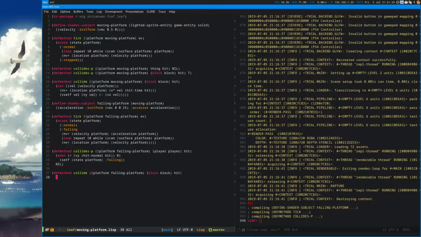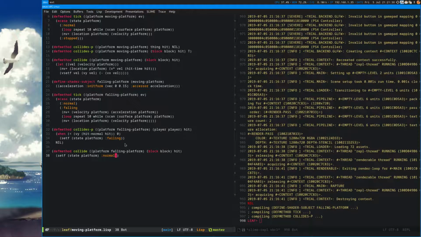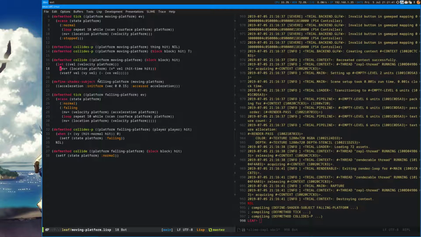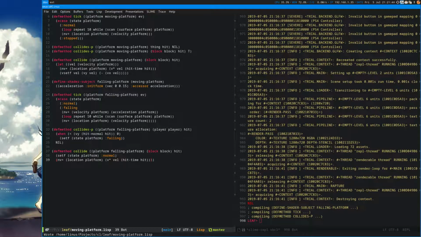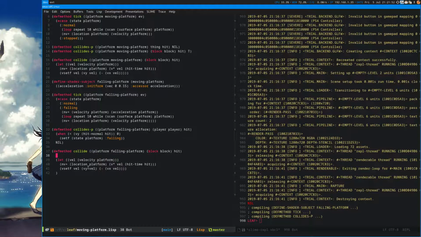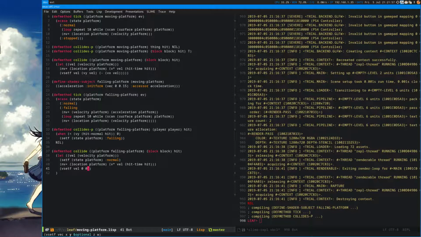Block X. Set a state platform normal. And we need to do that. Let's just do it like this. And we set the velocity to 0.